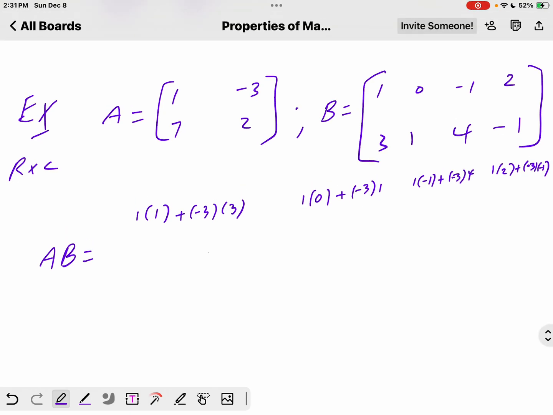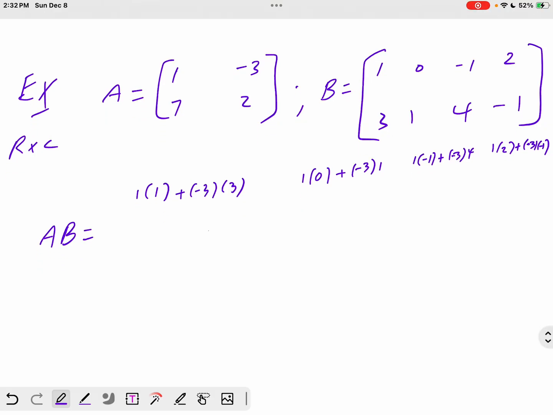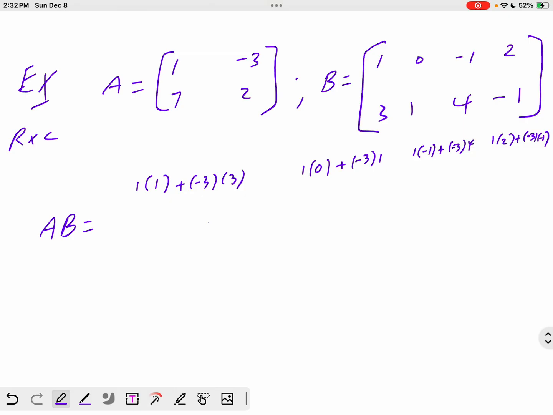Okay, so now we do the same thing. We're going to multiply the second row with the first column, the second column, the third column, and the fourth column. So this one is going to be 7 times 1 plus 2 times 3, then 7 times 0 plus 2 times 1, then 7 times -1 plus 2 times 4.